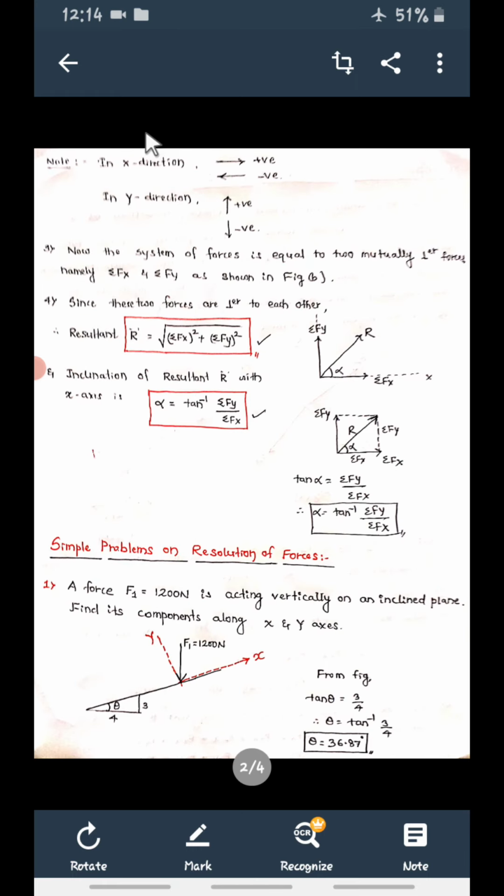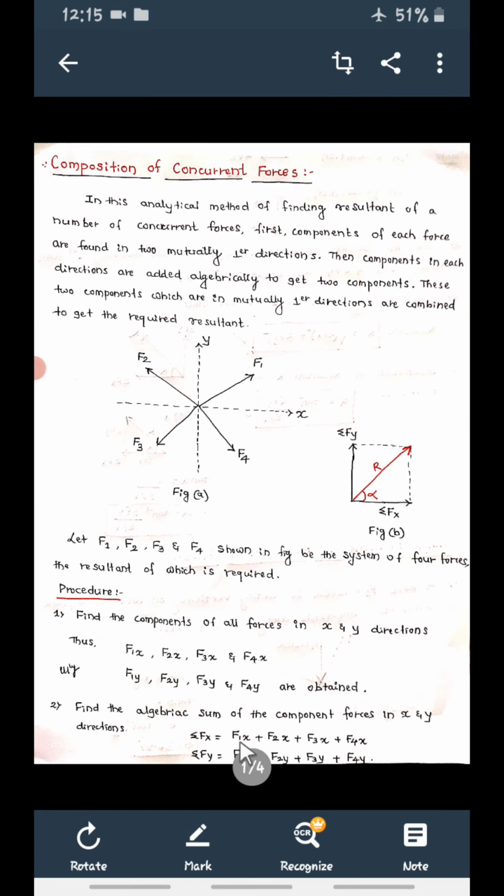In horizontal direction, suppose it is resolving in x direction, remember, if the force is moving in this direction, it is considered as positive. If it is moving from left to right, it is considered as negative. From this direction, it is positive.